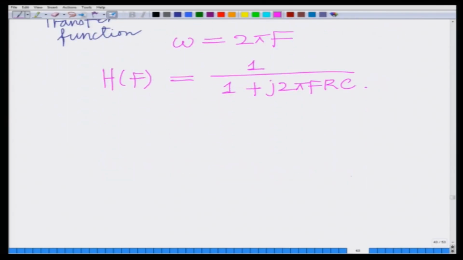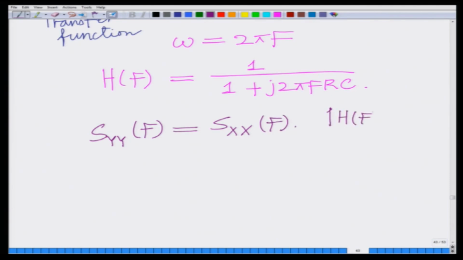Okay. And now therefore, if we look at the output power spectral density, we have for this LTI system the output process y of t is wide sense stationary and the output power spectral density is Sxx of f, the input power spectral density, times magnitude of H of f square.